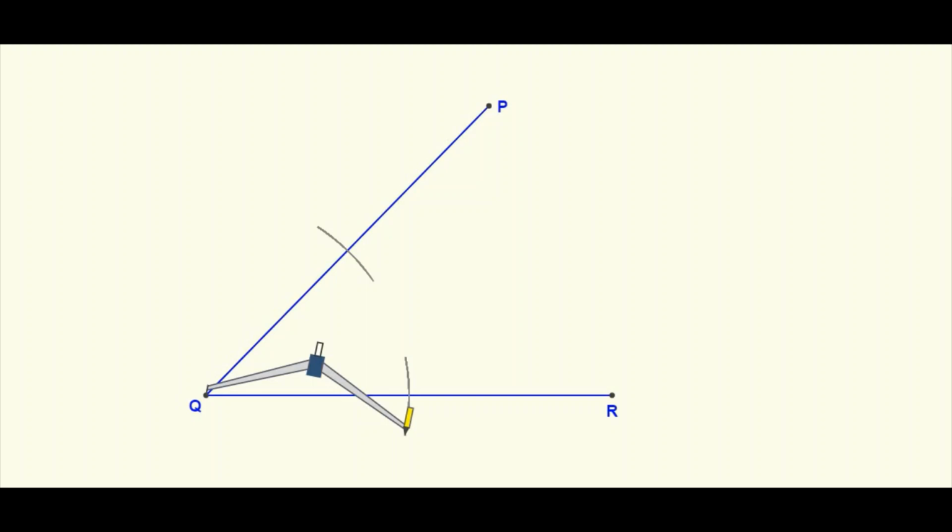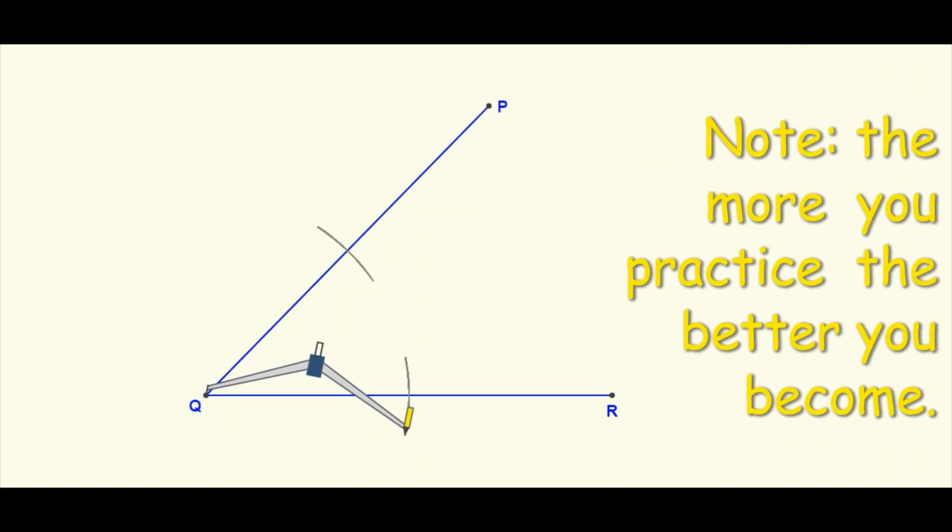Now what you are going to do is to place your compass point where the arc intersects both line segments, and scribe another arc, right? And this is how you would do it.